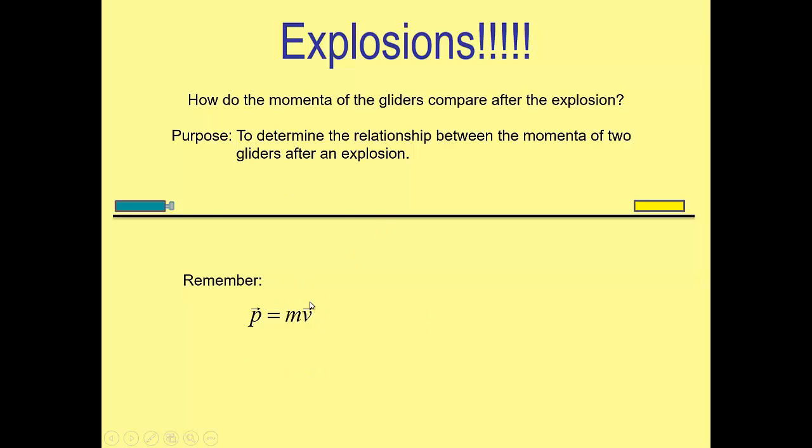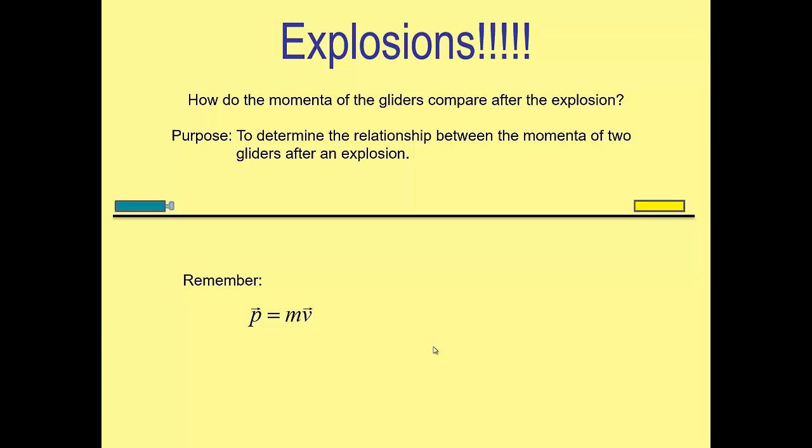Velocity, we have to get a little more clever. Pivot Interactives don't measure velocities directly. We don't have some fancy Bluetooth motion detector or encoder wheel. What we need to realize is that after the explosion, because there is no friction, because the gliders are on an air track riding on a little cushion of air and it's been perfectly leveled off, we don't have to worry about any frictional effects.